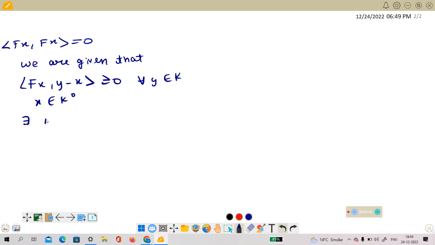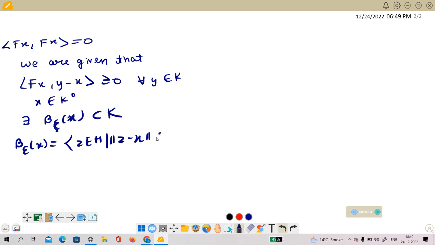So there exists a ball whose radius is epsilon and center at x, which is a subset of K. We can find an epsilon small enough. I will write the ball to make it more clear: those z belongs to H such that the norm of z minus x is less than epsilon.